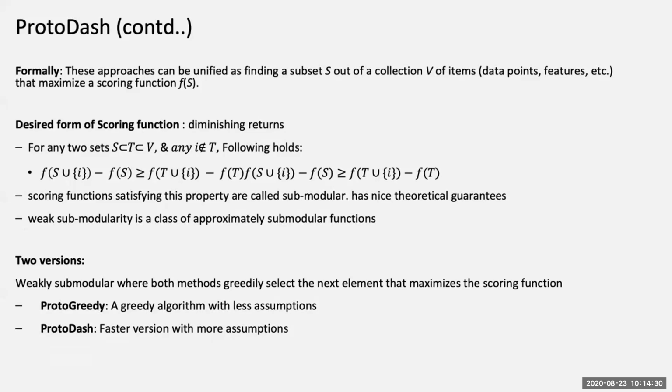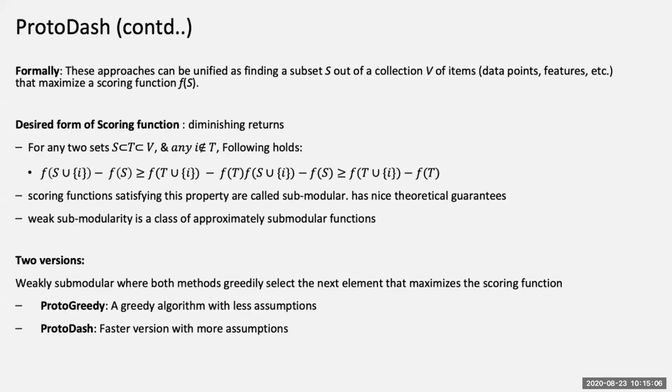By submodularity we mean, given two sets S and T, and a data sample i which doesn't belong to T, the following property holds: the functional score, when we include this sample i in the subset S, increases the score Fs more than when we add that sample i to the superset T.